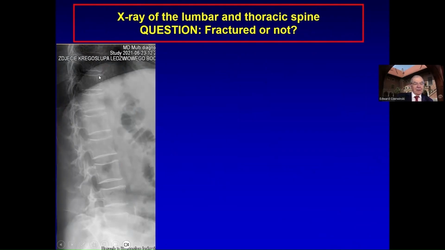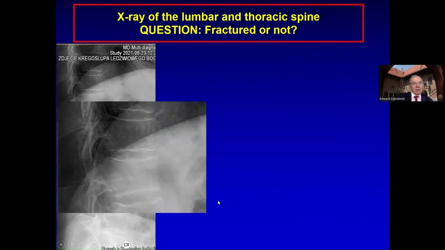And here we always do 2 projections, the lumbar and thoracic spine. If you zoom this image, you see that they are probably normal, I would say.